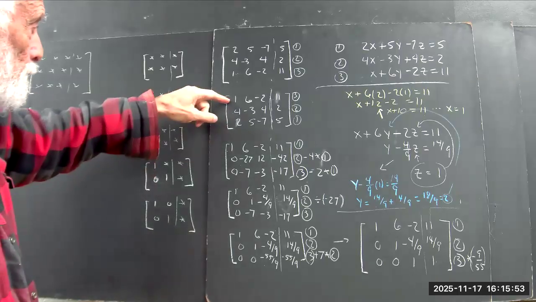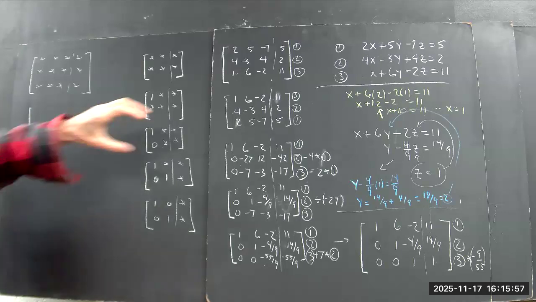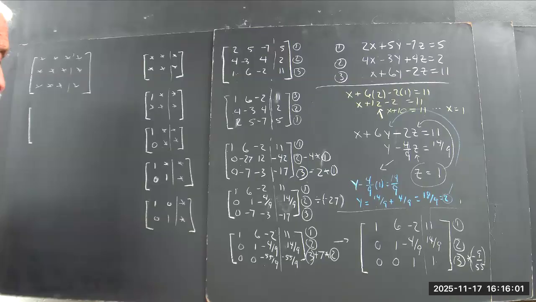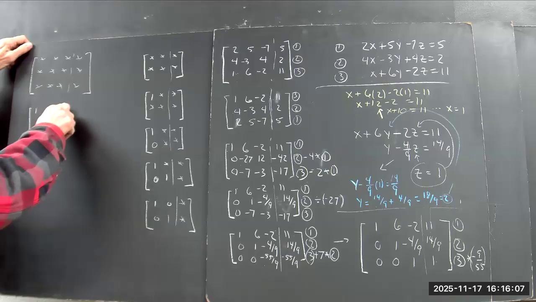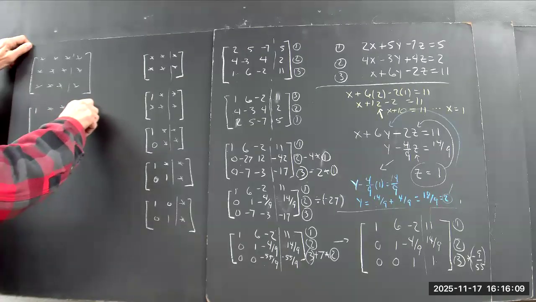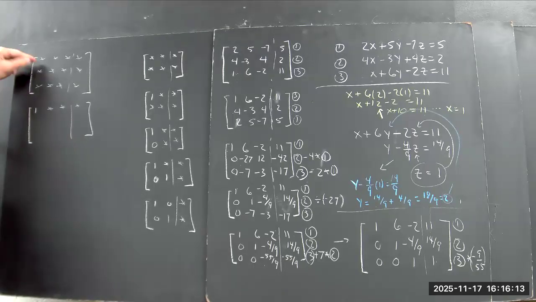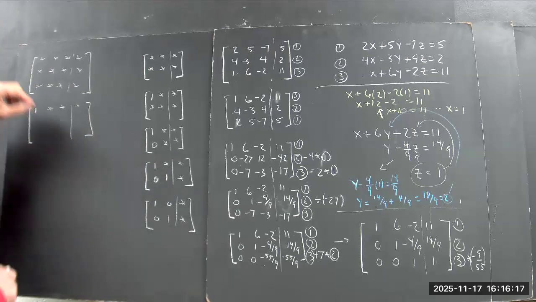And the reason we did that was to get a 1 here. You can't always do that, but you can rearrange the order of the equations in a way that makes it as convenient as possible. But one way or another, we get a 1 up here. Whatever number is here, we can divide this row by that number to get a 1, as we would do over here.